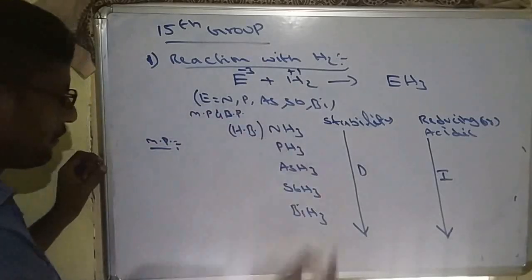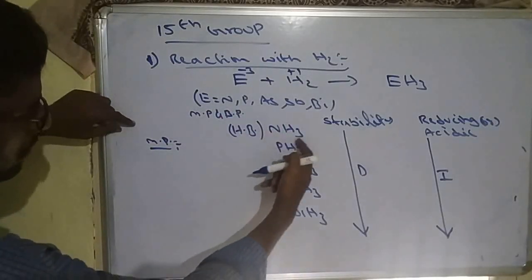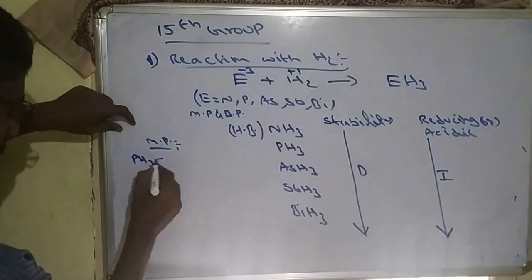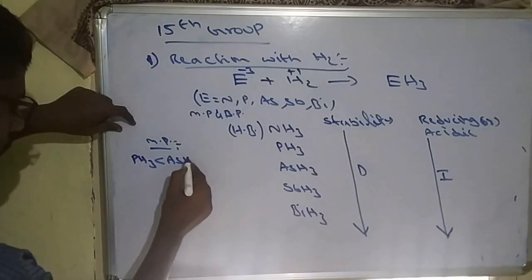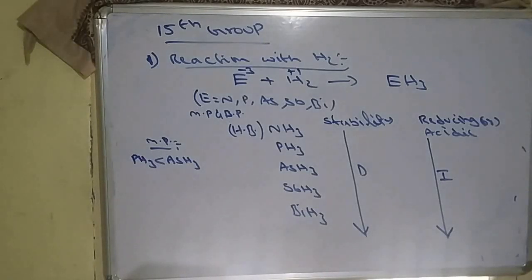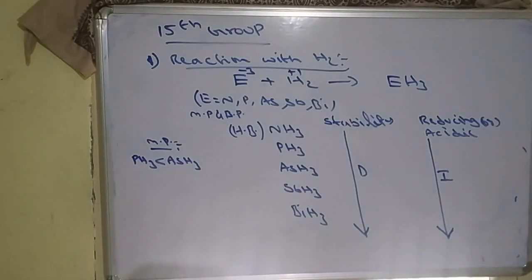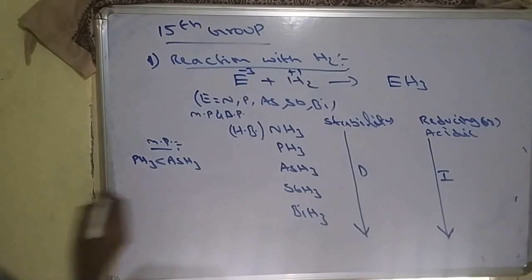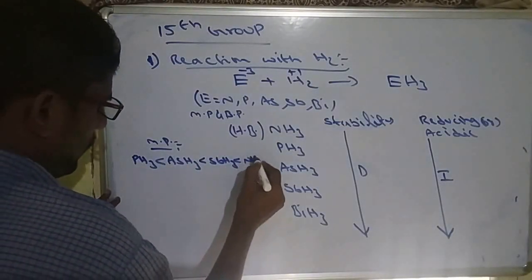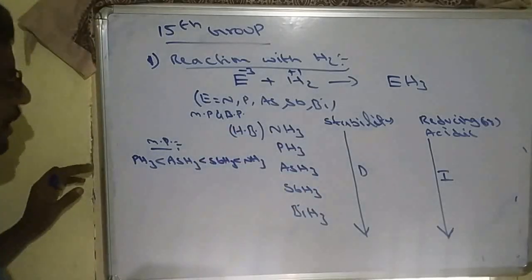So the order I am writing: for melting point, the least value will be PH3, then AsH3, SbH3, NH3. So this is the order of melting point.